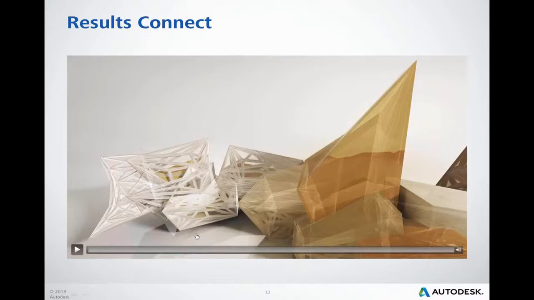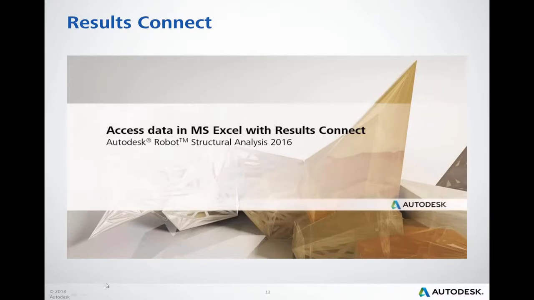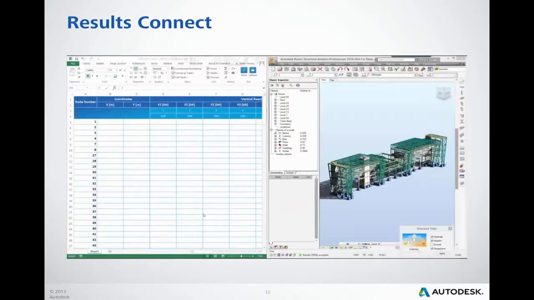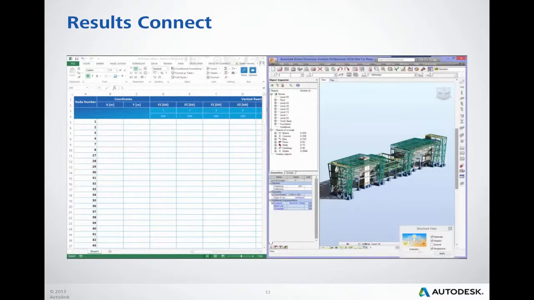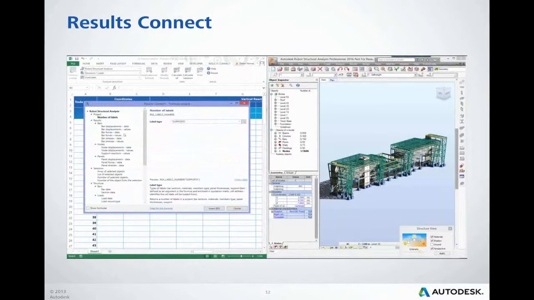Here's a short video on how to play with Results Connect. In this short example, we will look at how to import some data on selections. First we will fill the second and third columns with the nodal coordinates using the wizard.